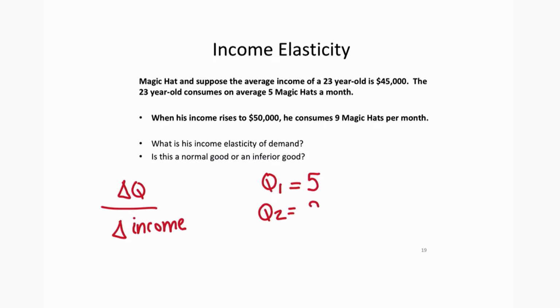Q2 is going to be 9 Magic Hats. Income 1 is $45,000 per year, and income 2 is $50,000 per year. So now all we have to do is plug our numbers into the right place.